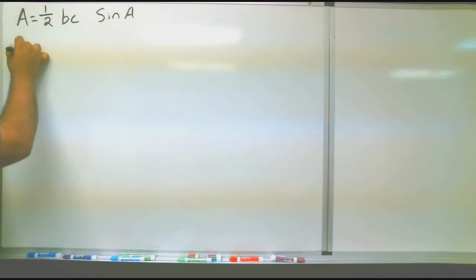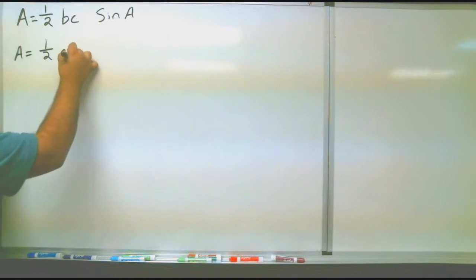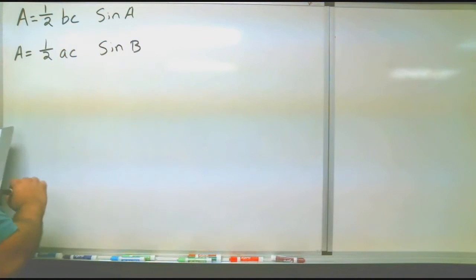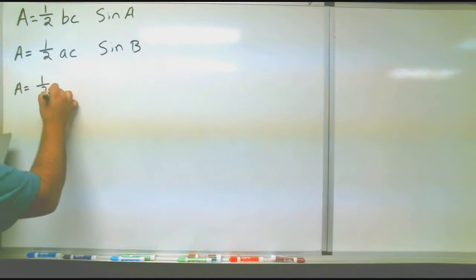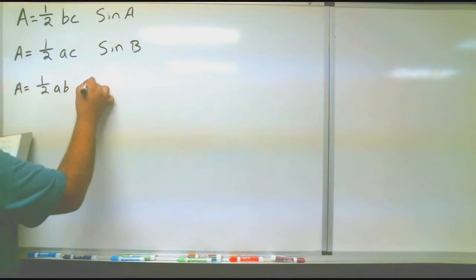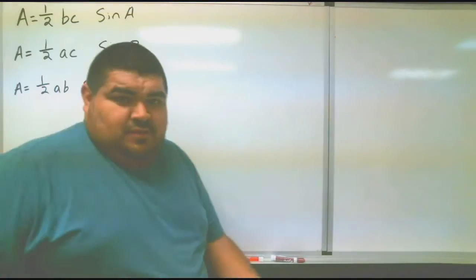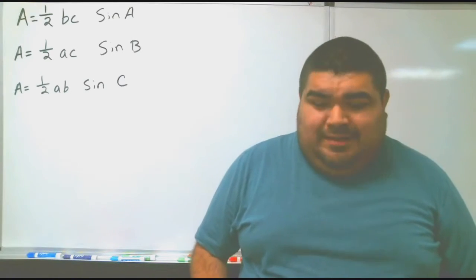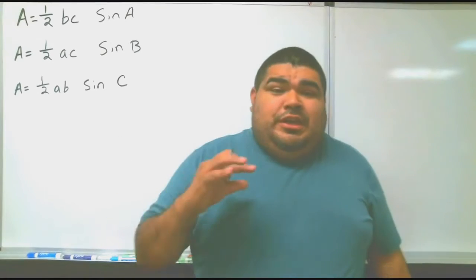Another one is area equals 1/2 AC sine of B. And finally, area equals 1/2 AB sine of C. You might ask yourself, what is that? These are equations we can use.